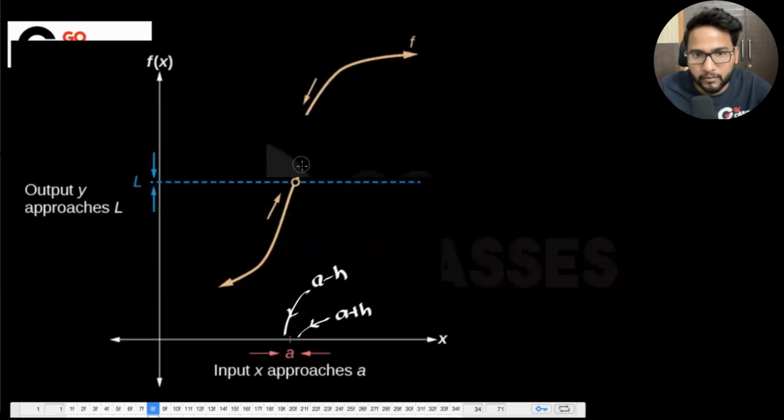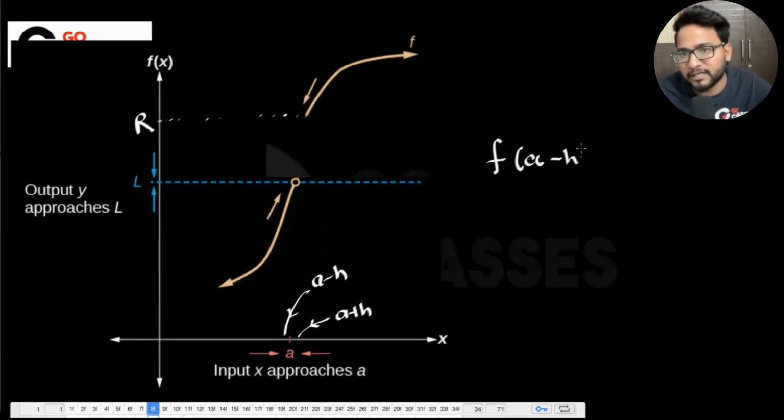Sorry about the drawing, but it will be a little bit clearer. Suppose I have this kind of function, and suppose this is any other value, maybe R. Can you tell me, visually, don't go mathematically, what is the value of the function at a minus h when h tends to 0? This is L, right? Which means if you come from the left, it is L.